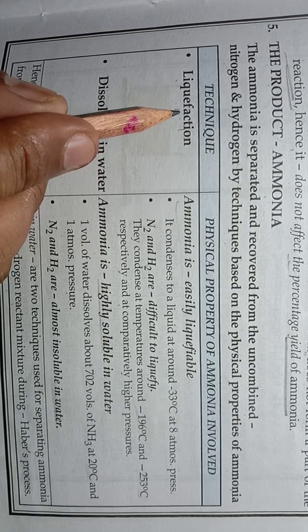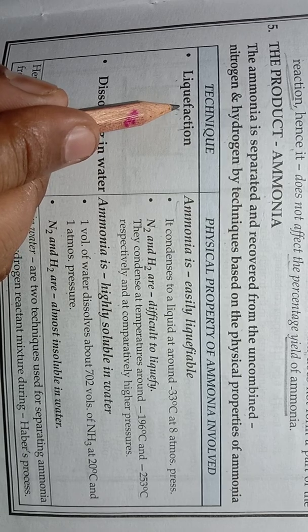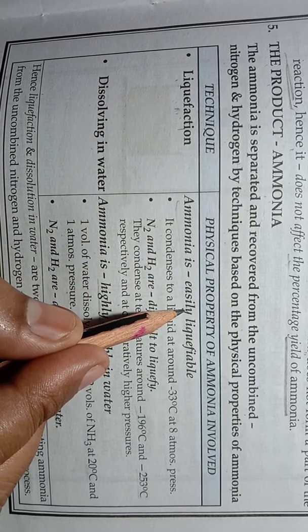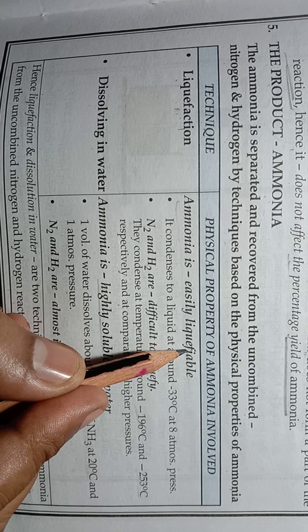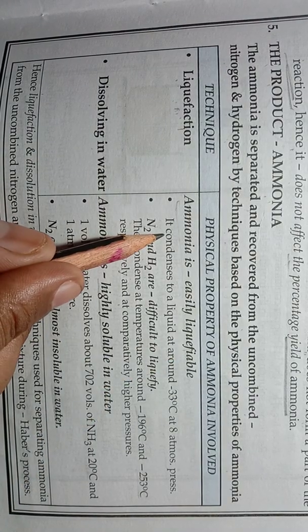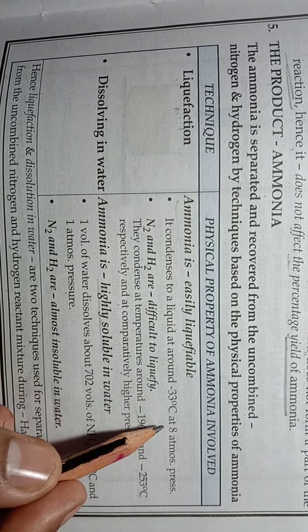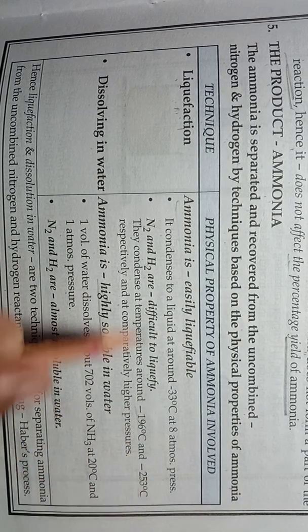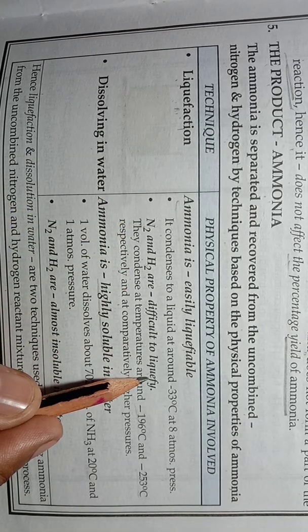Okay students, why can we use this technique for the separation of ammonia? Because ammonia is easily liquefiable. Why is it easily liquefiable? It condenses to a liquid at around minus 30 degrees Celsius at 8 atmosphere pressure. N2 and H2 are difficult to liquefy.